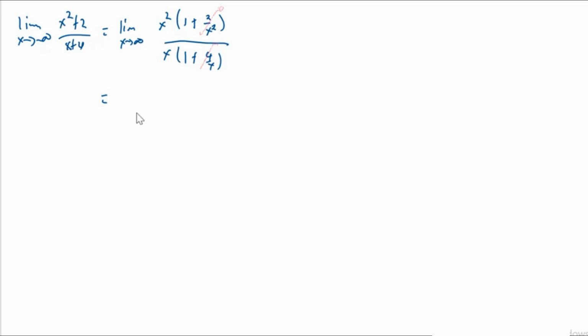Now multiplying on what is in the remaining terms, we have the limit of x squared over x times 1, which is x, as x approaches negative infinity. So there is a negative here, x approaches negative infinity, as well as here, there must be x approaches negative infinity. Which property are we going to use?